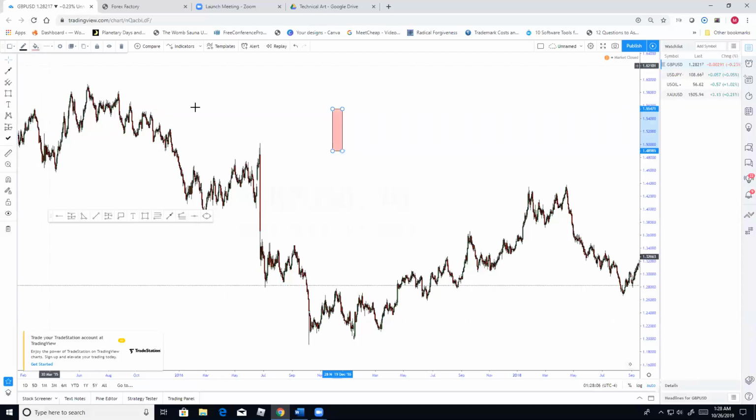you have a morning star or evening star type of formation. You've got this middle candle that can be anything. I want y'all to see this conceptually.